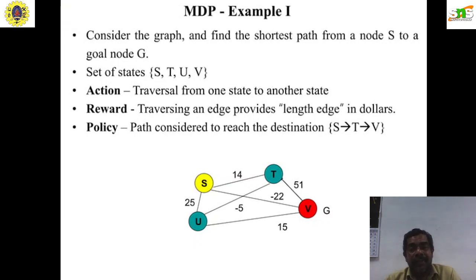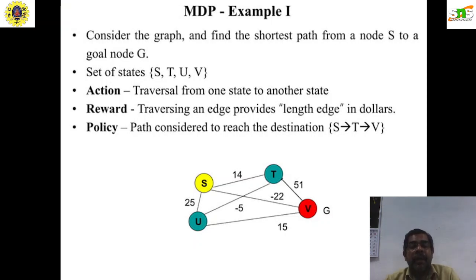That is the variety of rewards. If S travels one step without traversing other nodes, it gets a negative reward of minus 22. When it travels through S-U and T-V, there is also a negative reward. When S traverses through S-U-V, we get a very limited amount of reward, only 40. But when S traverses through S-T-V, that is the most optimal, and it gets a reward of 90.